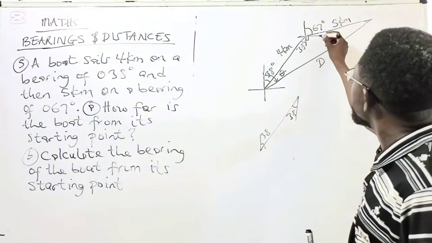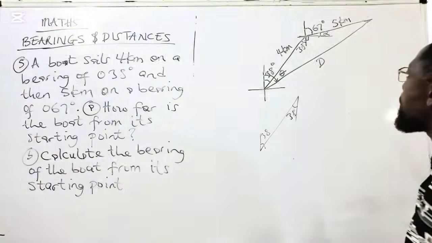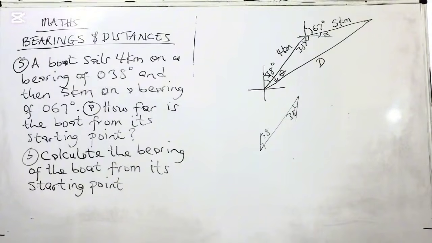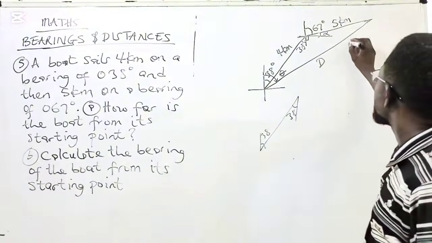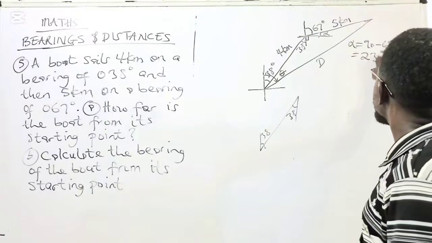So let's get this small part here. Let's call that one alpha. To get alpha, we subtract 67 from 90, and that will be 23 degrees.